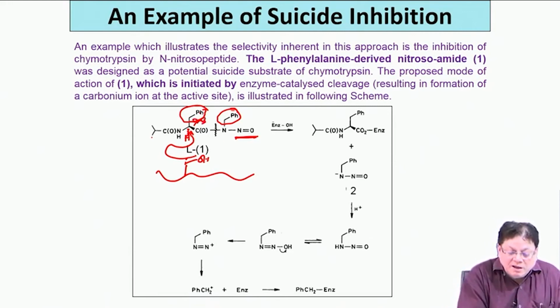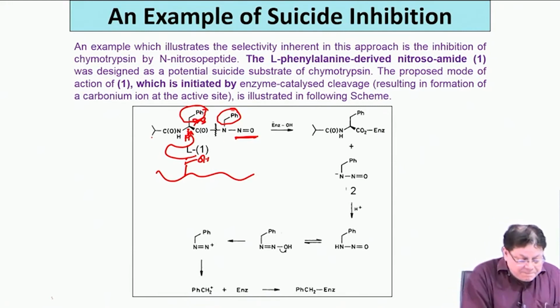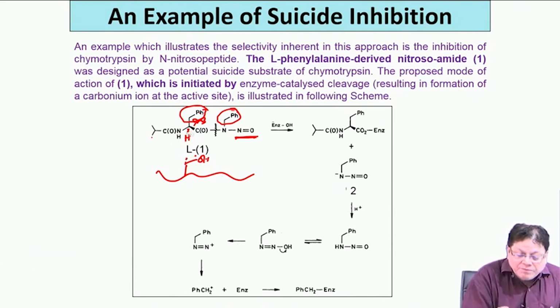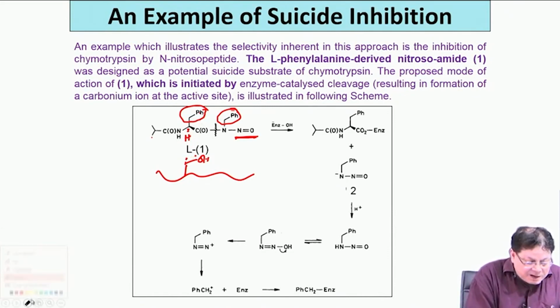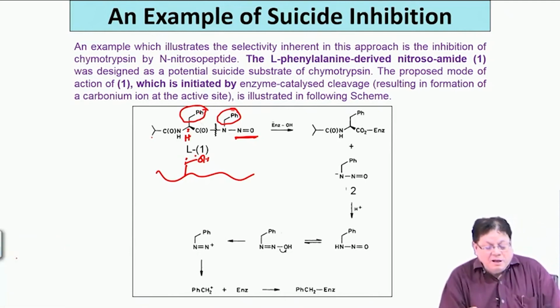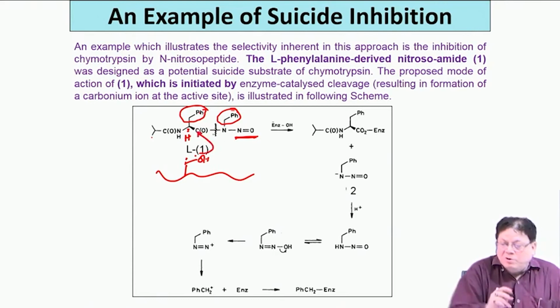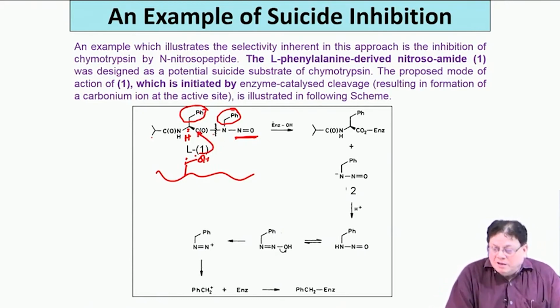Not this bond, sorry, just one second, I will erase that. Okay. So, what was it supposed to do? It is supposed to attack the carbonyl and break the carbon nitrogen bond, what was earlier the peptide bond.